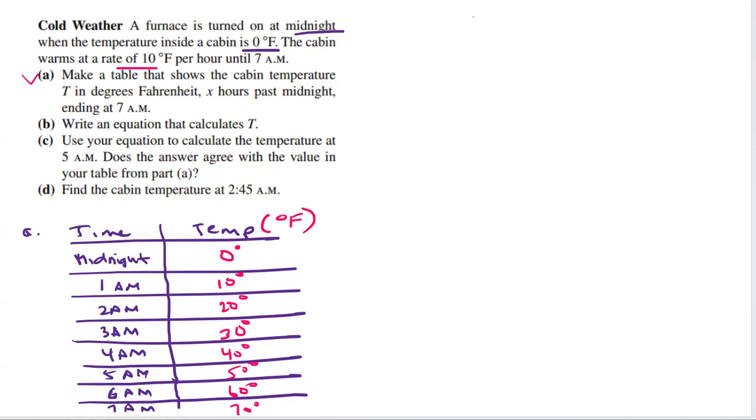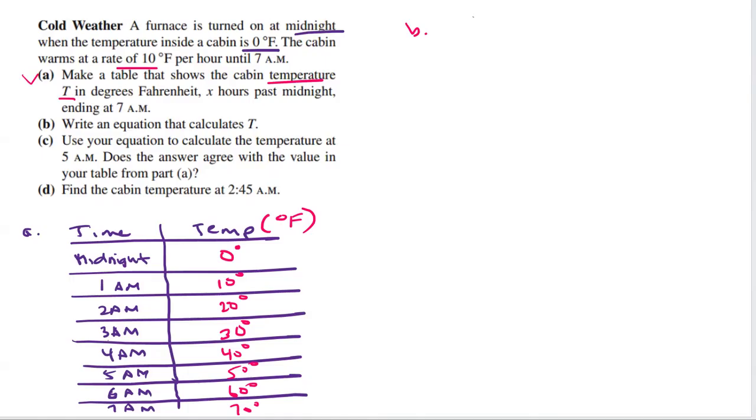Part B says we want to write an equation that calculates T, right? So in this case, the temperature, the output. Write the equation because T is talking about the temperature in degrees. So for B, equation.